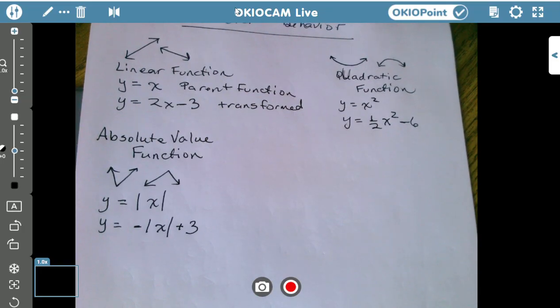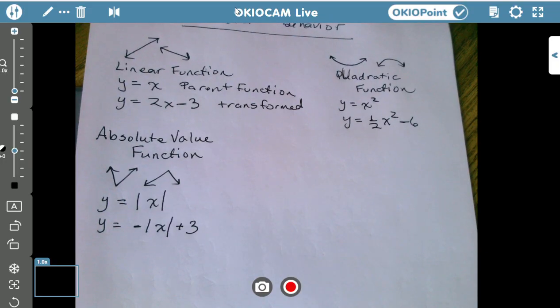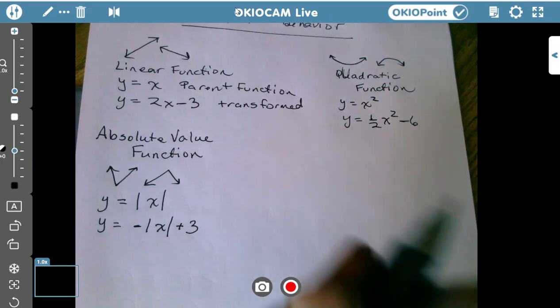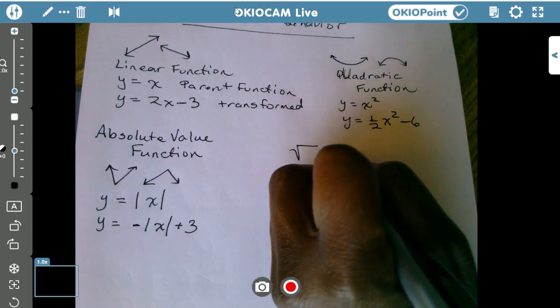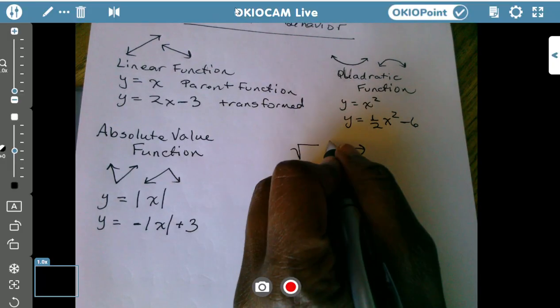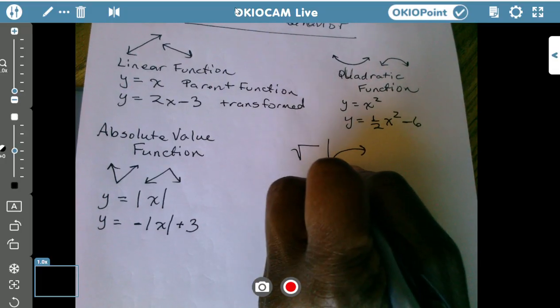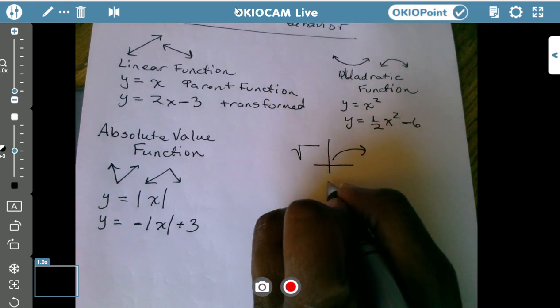After the absolute value function, we're going to do the square root function. Draw a square root function. The symbol of a square root helps me remember the shape of the square root function. It kind of starts at the origin and heads off into the positive direction, positive infinity.